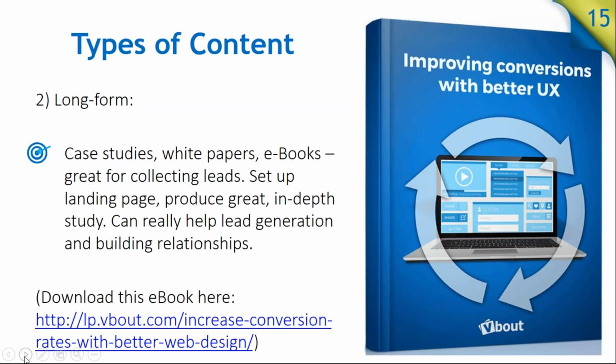It starts with setting up a landing page, and then it goes into producing really great in-depth content, a study that a lot of companies can really learn from. And over time, it can also help you build relationships. It can help any company to show that they're a real expert in a topic that they are talking about. So it helps to build your reputation and increase trust with your clients and your followers. And they're really good in a B2B context.